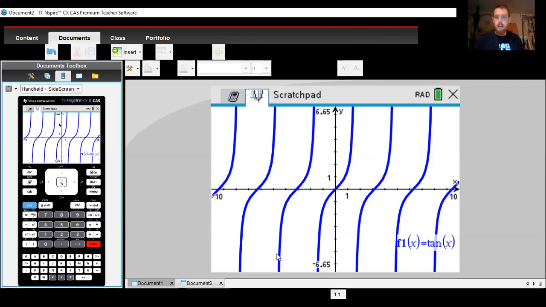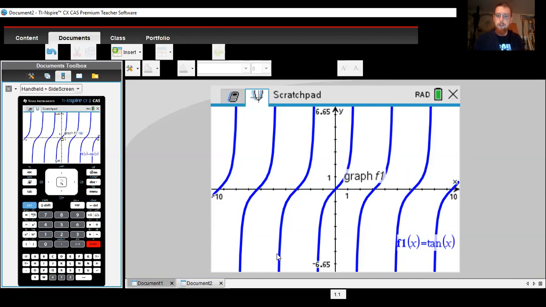You'll notice that you've got an asymptote here where the tangent function is getting bigger and bigger and bigger, and then it jumps back down here. Well, that happens at negative pi over 2 and pi over 2. Why is that? Because that's where the function is undefined. You end up with vertical asymptotes where your function is undefined.